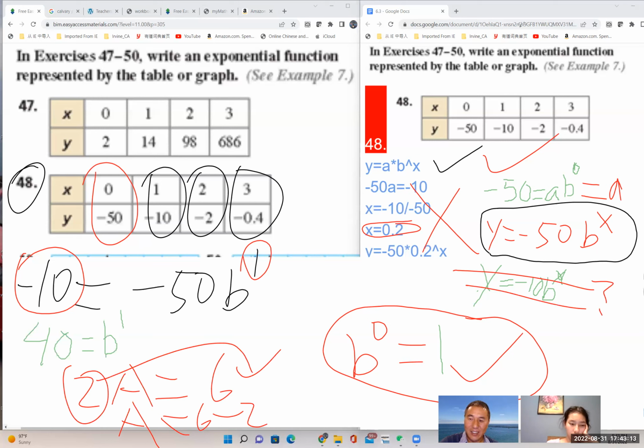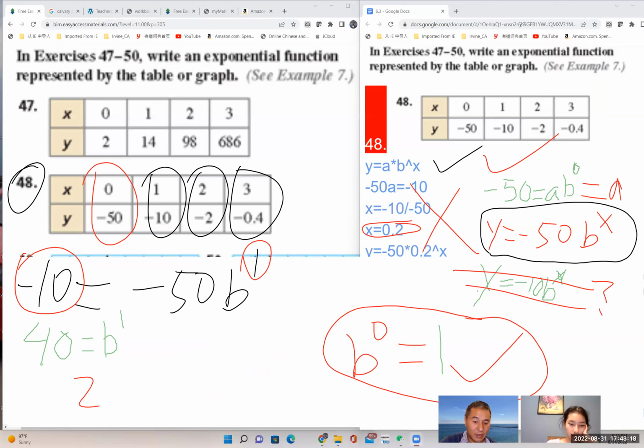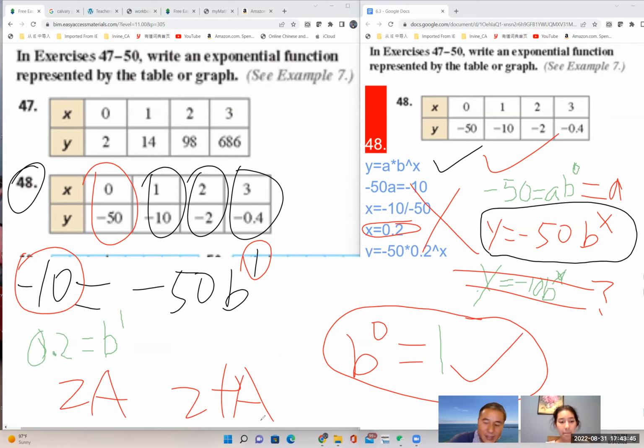Why is it illegal? Because 50 or -50 is the coefficient of b. That means it's multiplying b. Not plus. If it's plus b, yeah, it can go to the other side. But here it is multiply, like 2a, 2 multiply a, it's not 2 plus a, right?